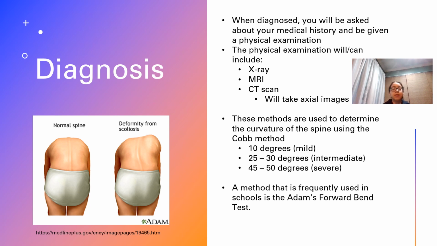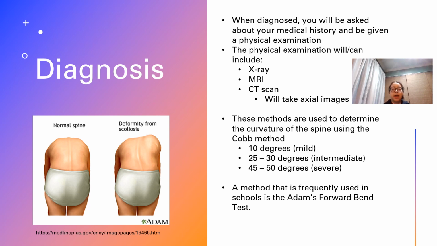When reviewing these images, something known as the Cobb method will be used to measure the spine. Usually a curve of around 10 degrees is the minimum to be diagnosed. Intermediate scoliosis is considered around 25 to 30 degrees, and severe scoliosis is 45 to 50 degrees.